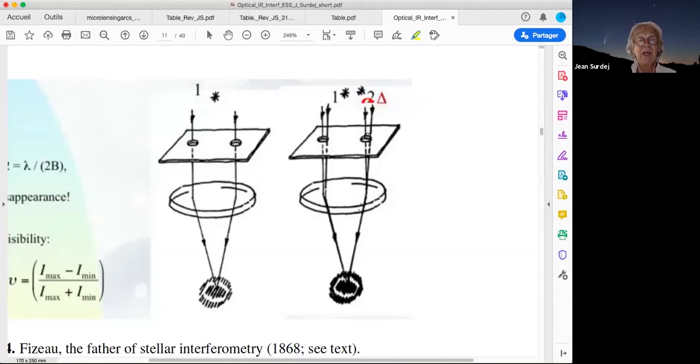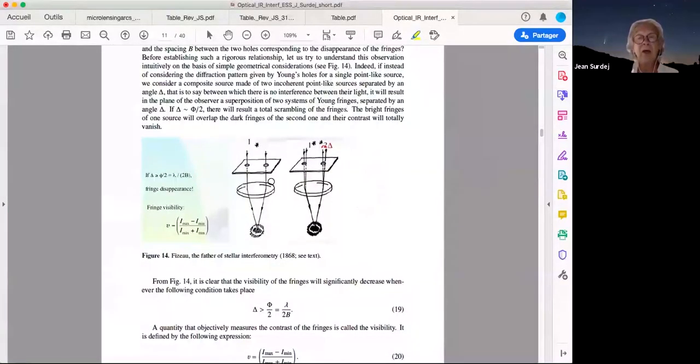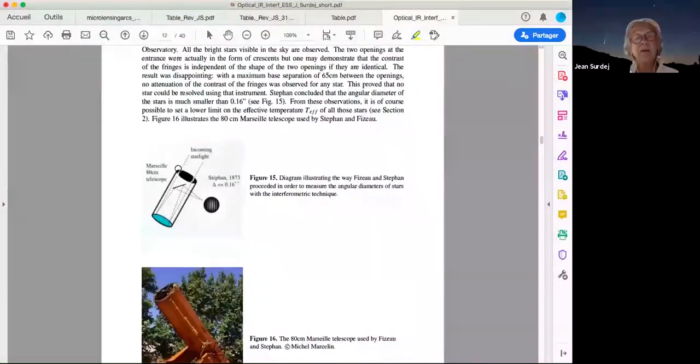So what he did, he just equipped the 80 centimeter telescope of Marseille with such a screen that you see here. And in fact, you can use 2 slits instead of 2 holes, because in Young's experiment, we've seen that the fringes were appearing when the screen was drilled with 2 holes.